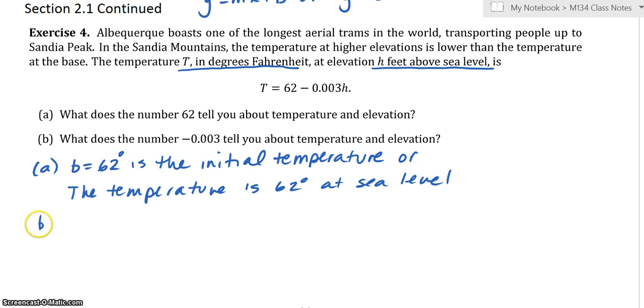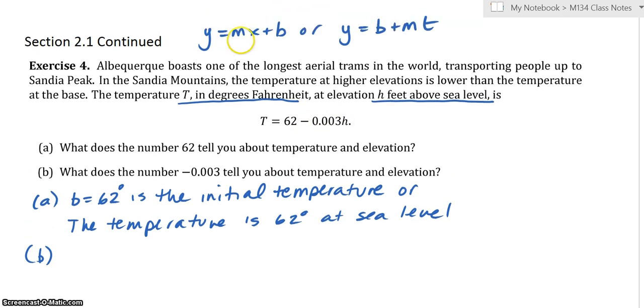Okay, what about part B? What does negative 0.003 tell you? This number, if you remember, is in front of the variable. That is the m, which is the rate of change, or as we're going to see in the next example, the slope.